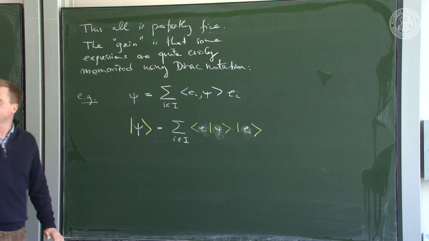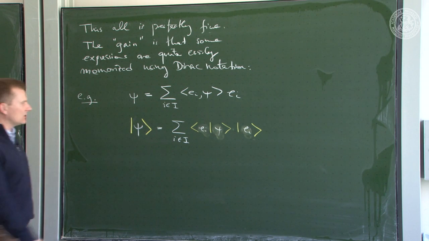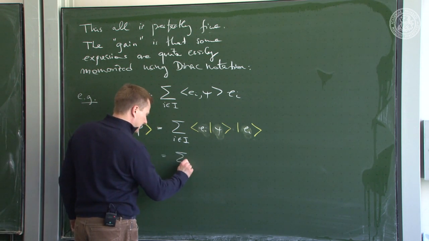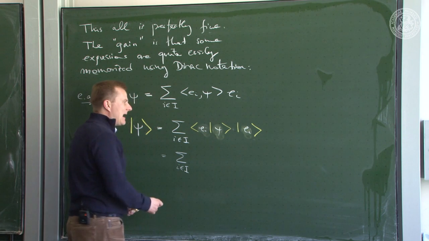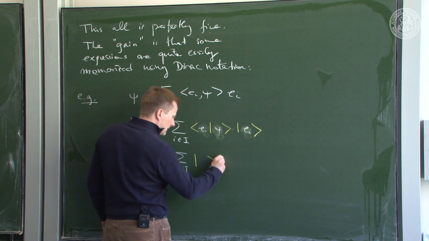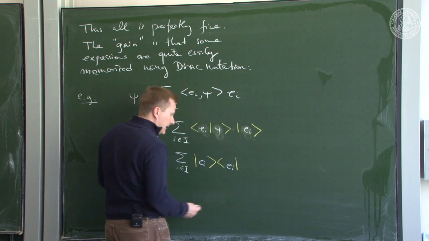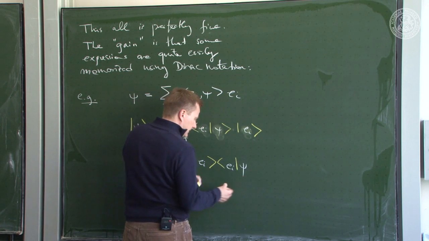Nothing has happened. I only dressed up the whole thing. Well, that is not the big achievement. It goes further. You say, aha, but oh, it would be oh so nice if I wrote it like this: e_i, and you put the psi here.